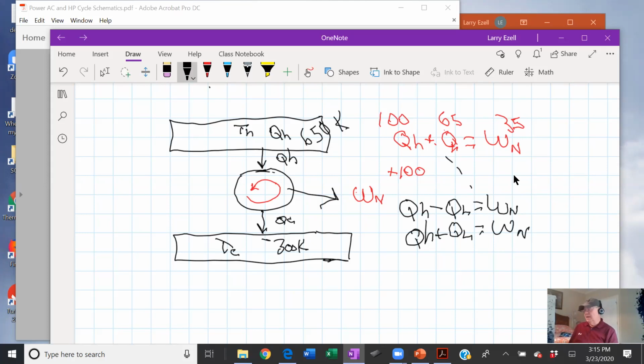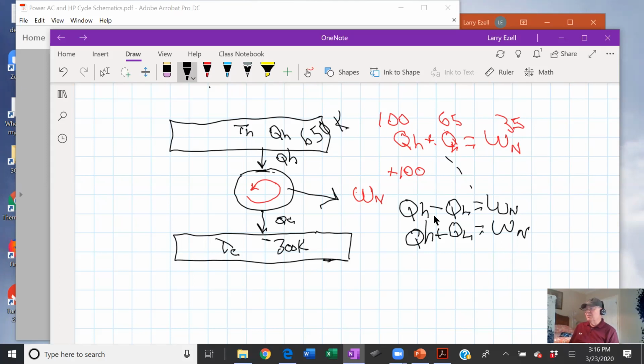So we'll stay with that. Just remember, when you work out a problem, you better not ever be adding QH and QL. If you add them together and get a big number, you've got the wrong sign on one of those numbers. And you'll remember that work net is always the difference of these.